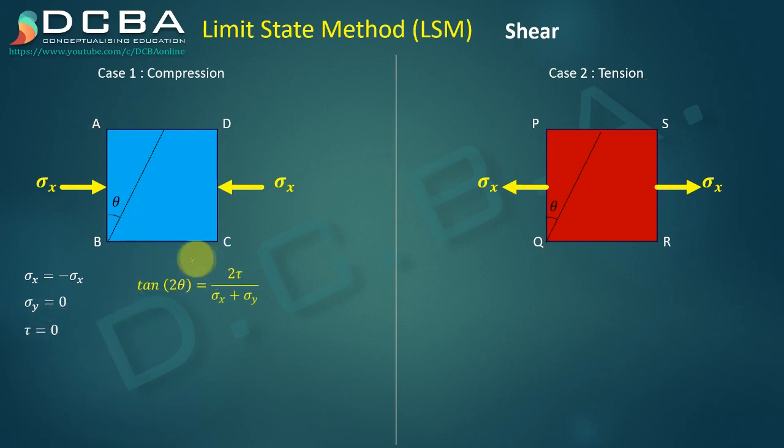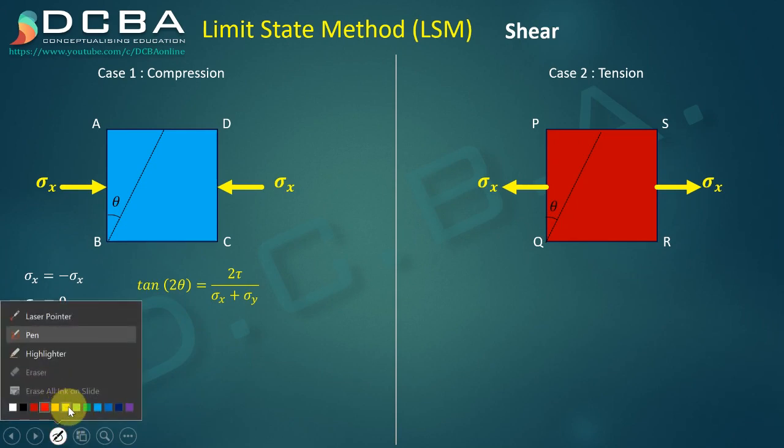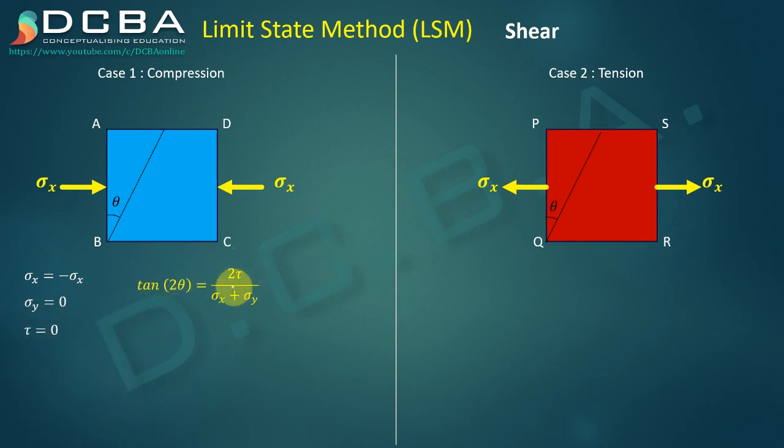So tan 2 theta is given as 2 tau upon (sigma x minus sigma y), and when we put this tau equals 0 here, what I will be getting is tan 2 theta is equal to 0. So theta will be equal to 0 degrees, right? When I mean that theta is 0 degrees, it means that this plane is almost vertical. And what would be the principal stress then?